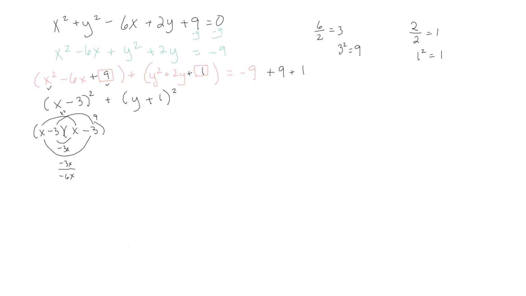So now I have x minus 3 squared plus y plus 1 squared equals negative 9 plus 9 is 0. That cancels out. And then I have 1. So now it's in the format of x minus h squared plus y minus k squared equals my radius squared.